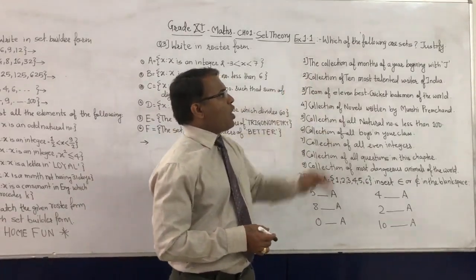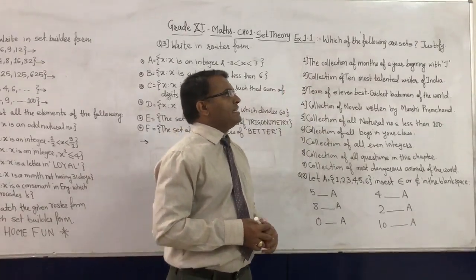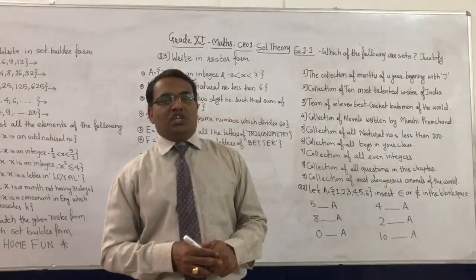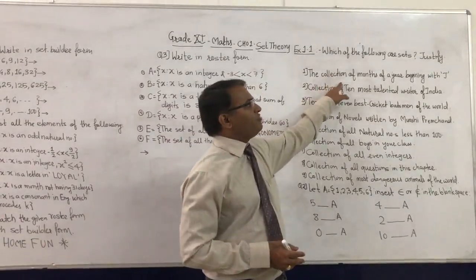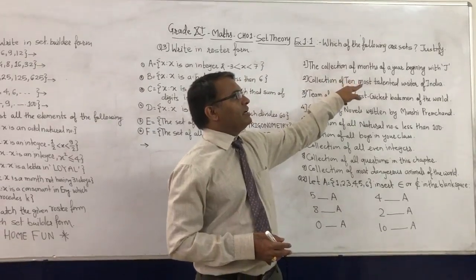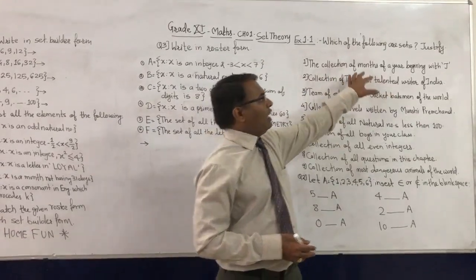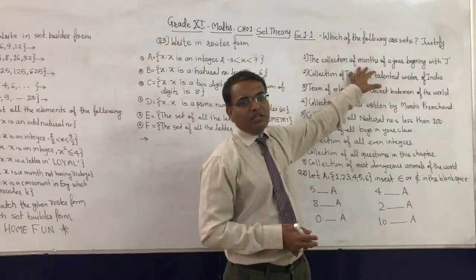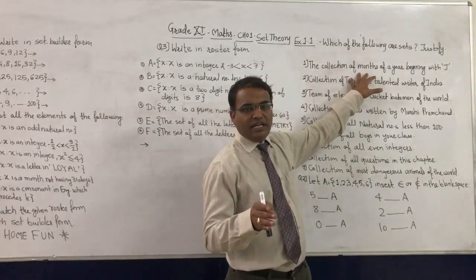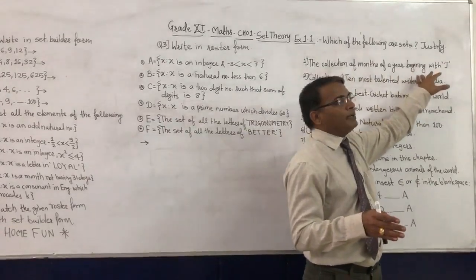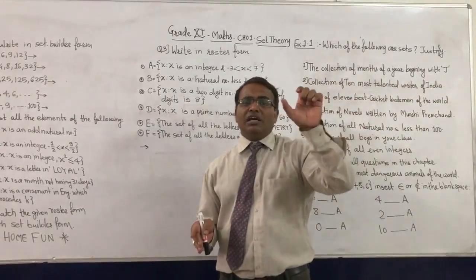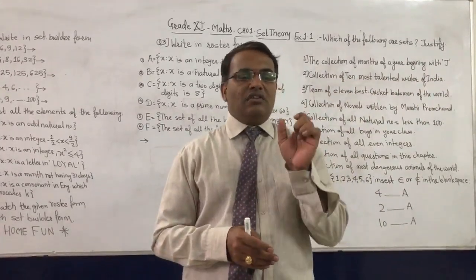The collection of months of a year beginning with J. Again I will read: the collection of months of a year beginning with J. The collection of months of a year is 12 names, right? And the second thing they have given is beginning with J, which means the group is well defined.